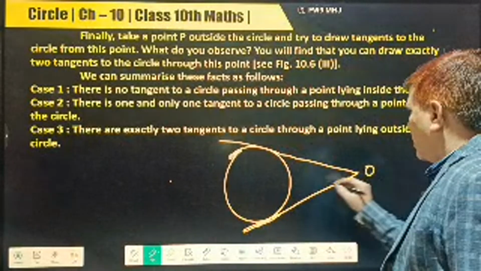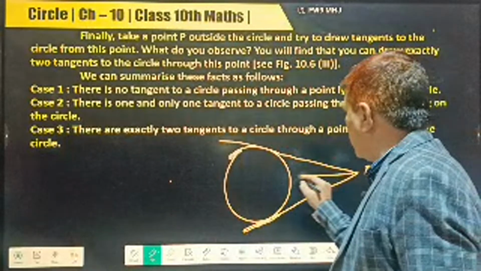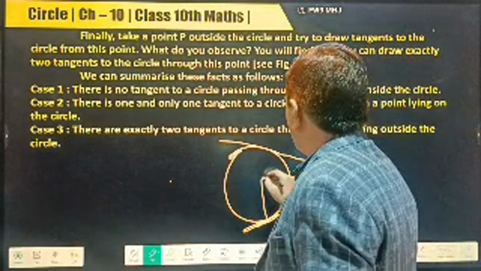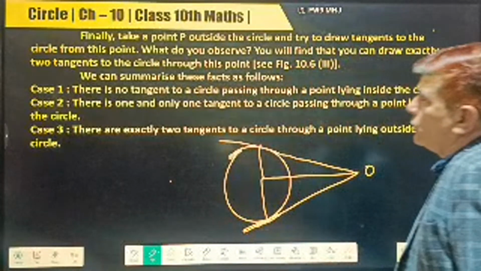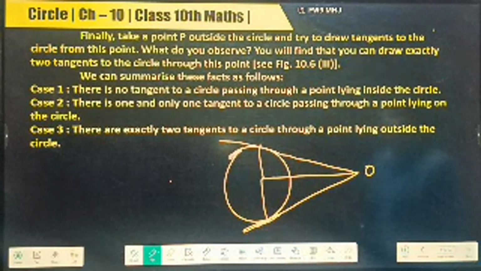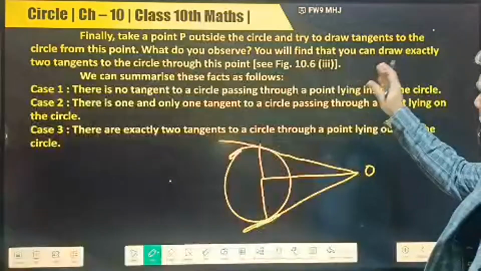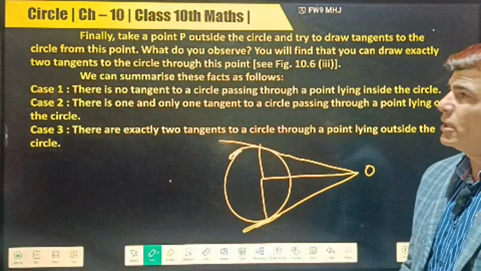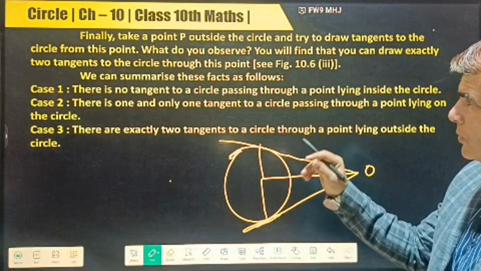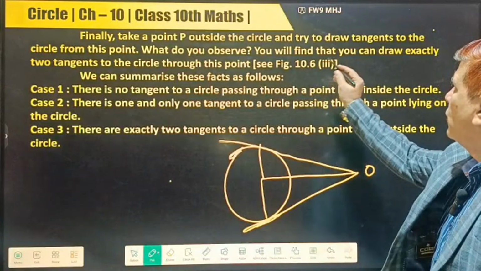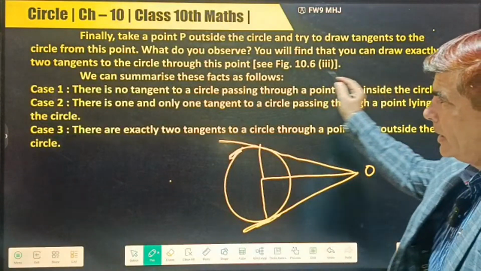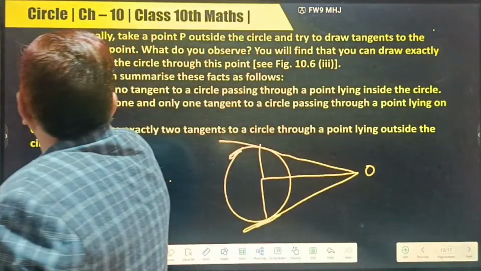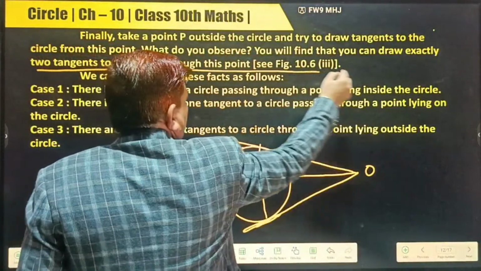Later on, we can prove the lengths of these tangents are also equal. Understood? So it's written, finally take a point P outside the circle and try to draw tangents to the circle from this point. What do you observe? You will find that you can draw exactly 2 tangents to the circle. How many tangents through this point?